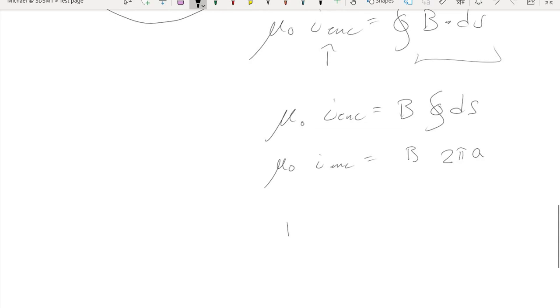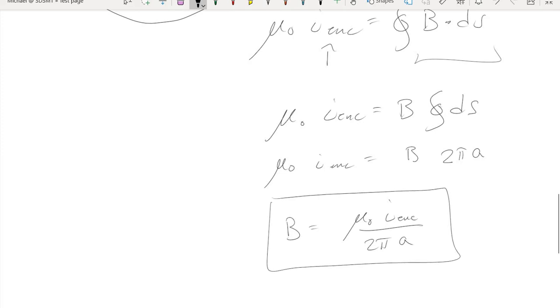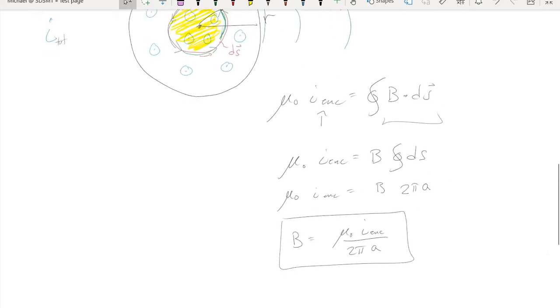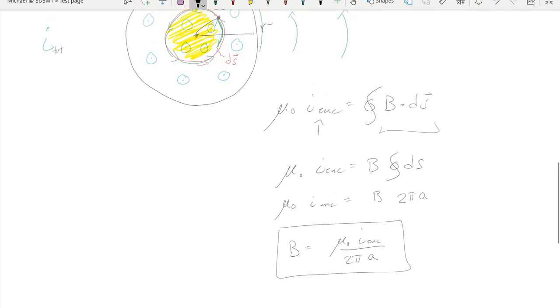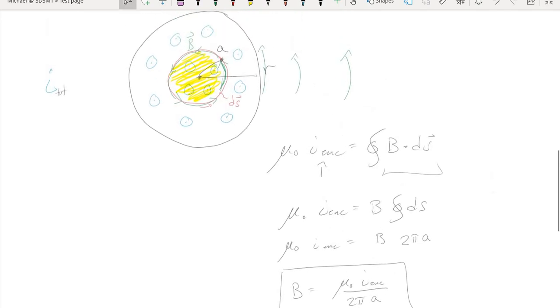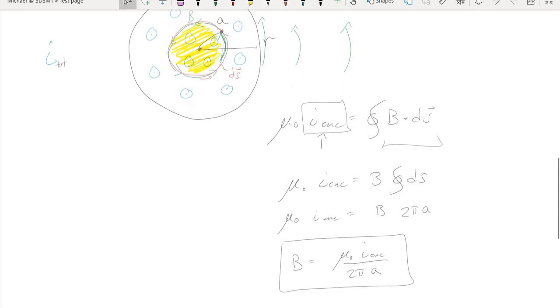And that means that the magnetic field produced inside of the wire is going to equal mu naught I enclosed over 2 pi a. Now, we could leave it this way, but it's our responsibility to figure out how much enclosed current we are dealing with.